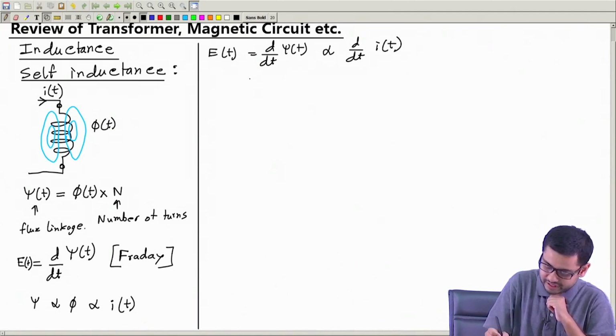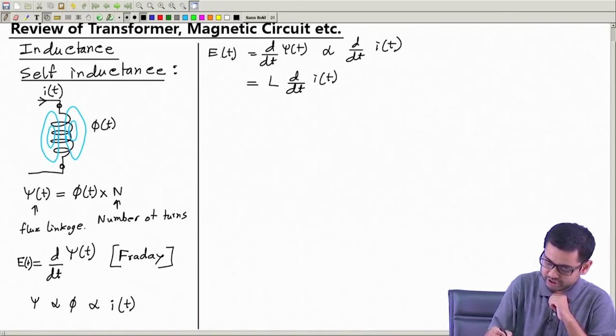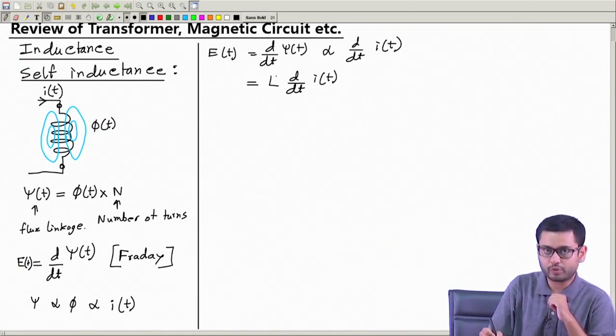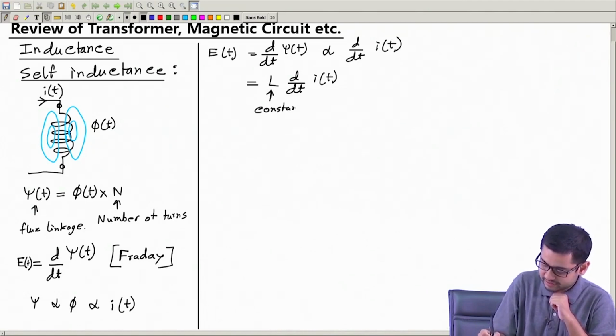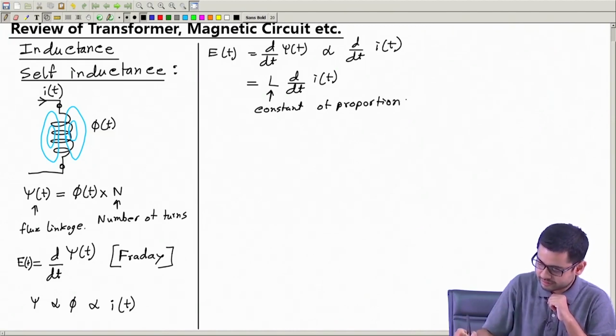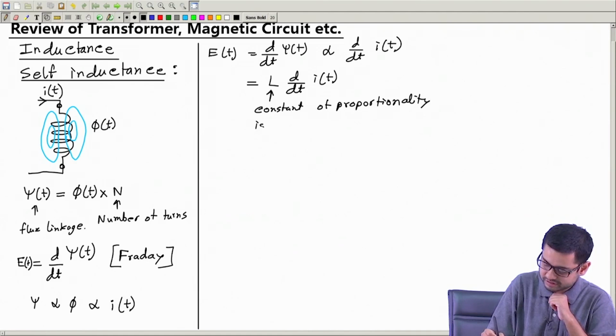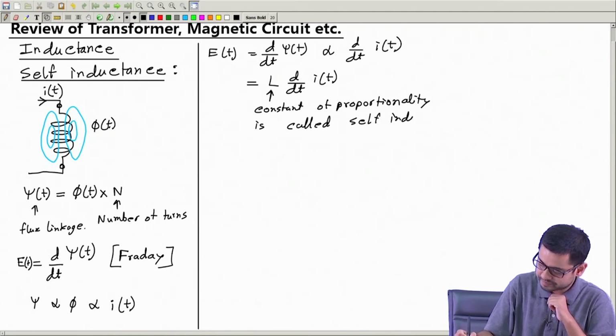So we can write this as some proportionality constant multiplied by d/dt of i(t). We replace the proportional symbol with an equality symbol, and this constant of proportionality is called the inductance, or the self-inductance, of the coil.